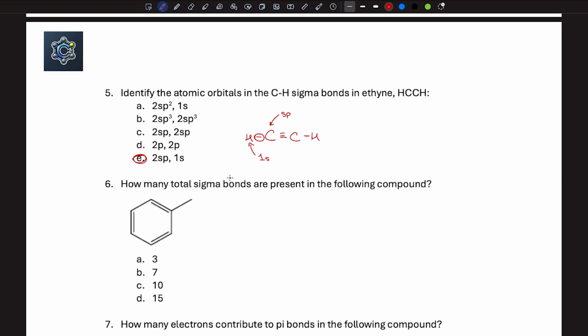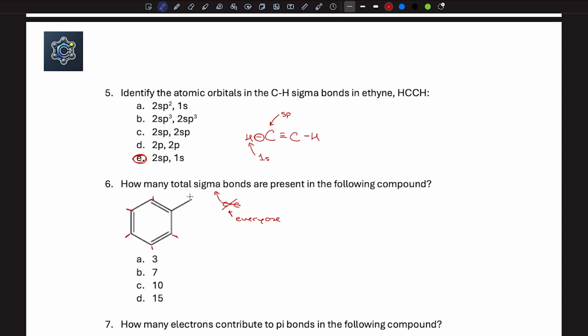The next question is asking us how many total sigma bonds are present in the following compound. Now this is a benzene derivative. It's actually toluene. And we have to realize they didn't tell us carbon-carbon. Again, they're asking us for all of the sigma bonds. So first, let's make sure that we have all our hydrogens drawn. On each of these carbons, we're also going to have an additional hydrogen.